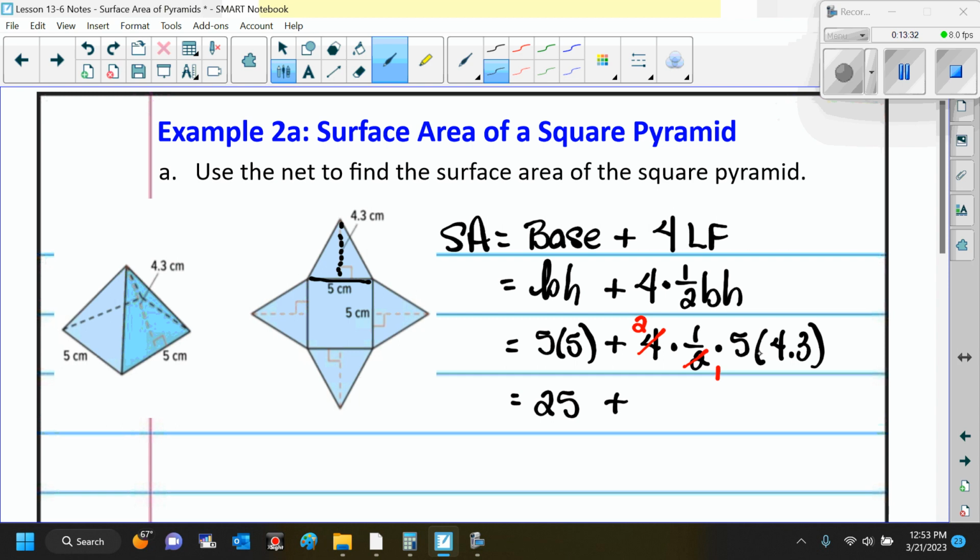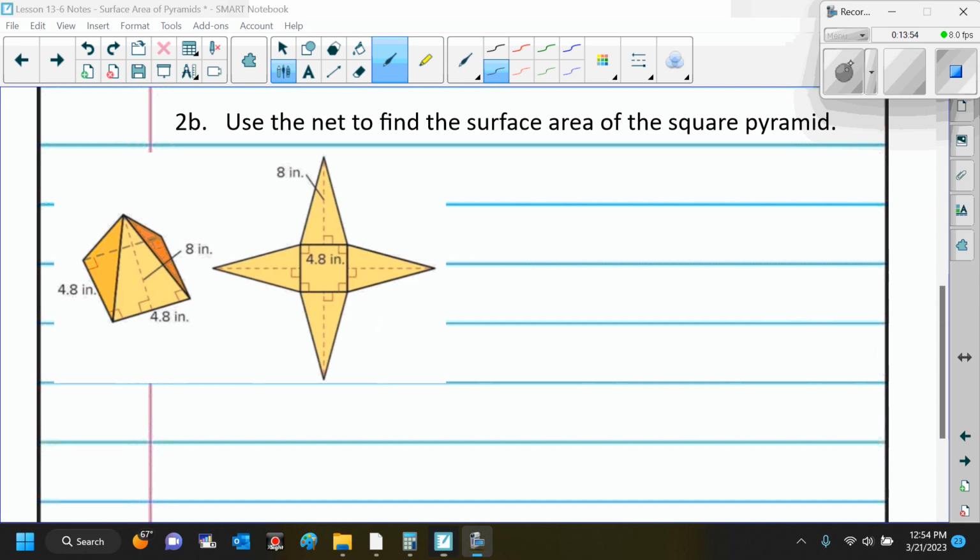And then 10 times 4.3 is 43. And now when we add that all together, we've got 68. And this is a surface area, so this is centimeters squared. And that's all there is to it.